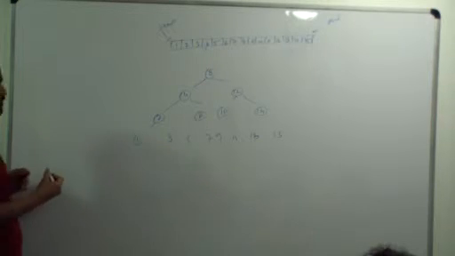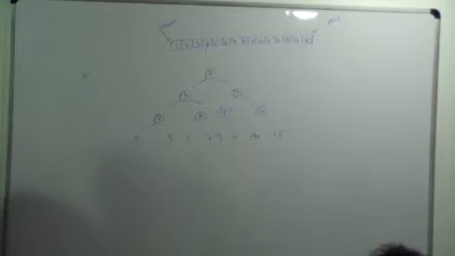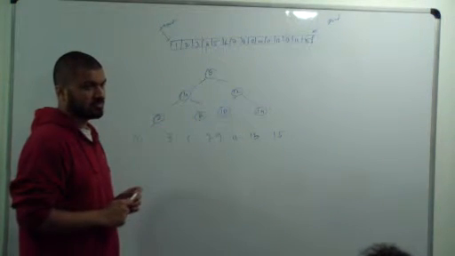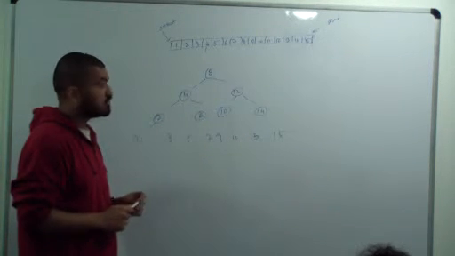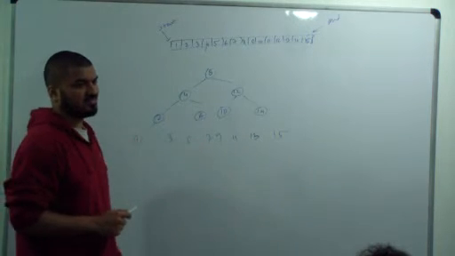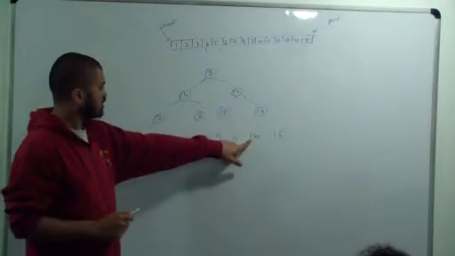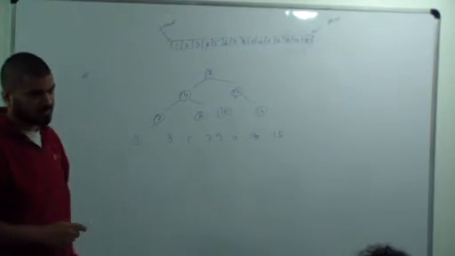What is the second largest value? 11. So I go a level up, and that is second to the largest. Third to the largest, fourth to the largest, fifth to the largest.